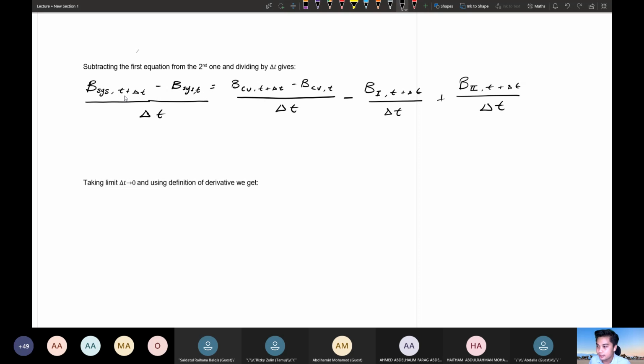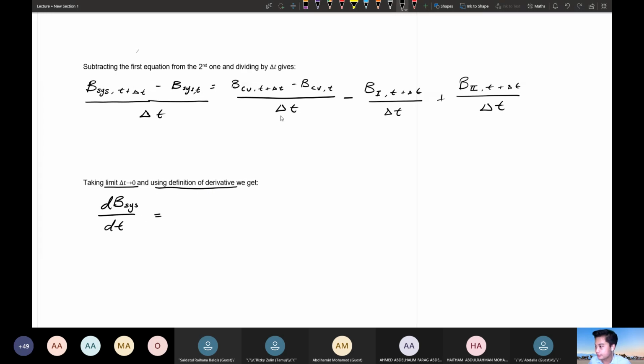So definitely the change of the system, dB over dt. Why do we use the differentiation? Because we consider delta t approaching 0. We can use the definition of derivative.